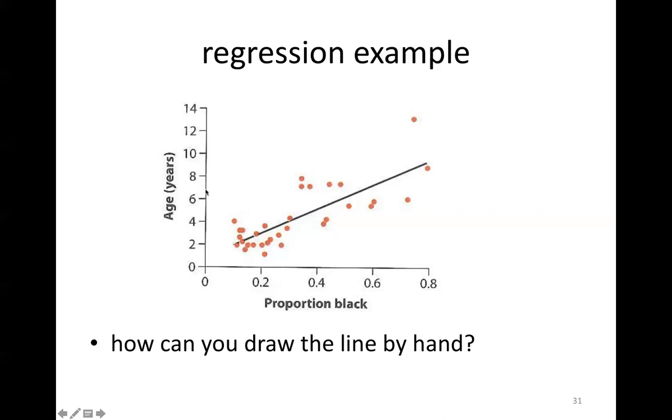So finding the value in y that cuts the axis when proportion black would be 0 right here.